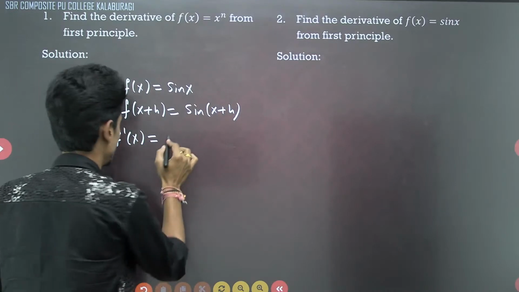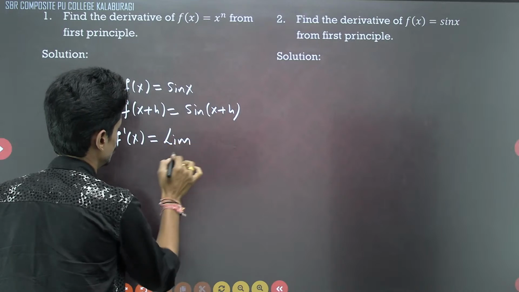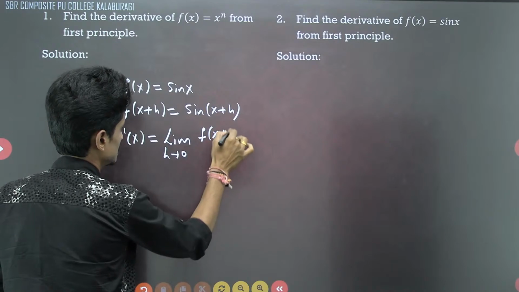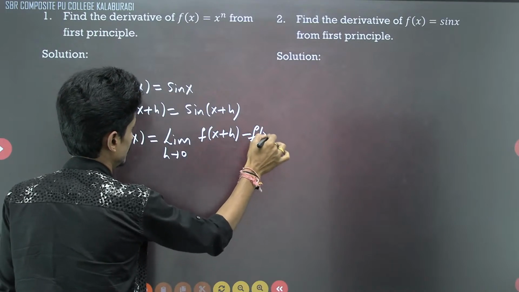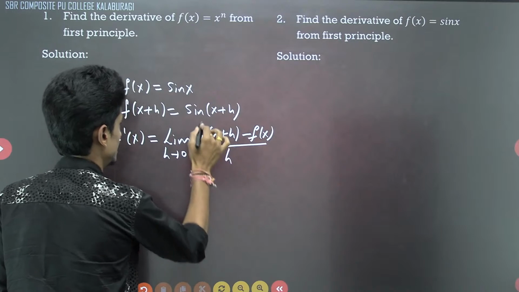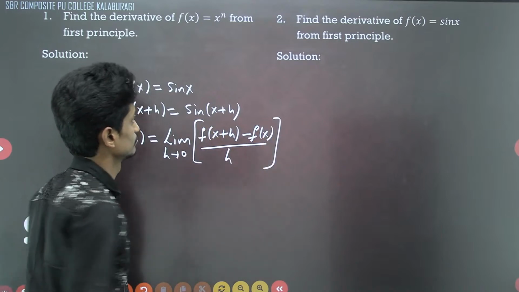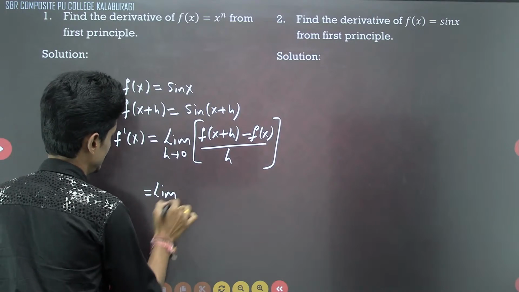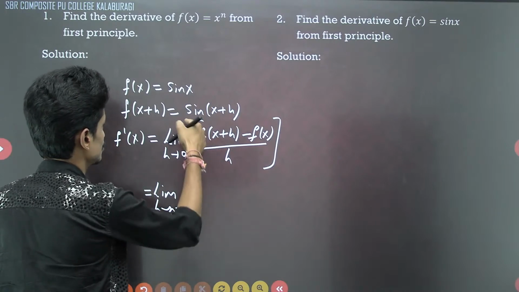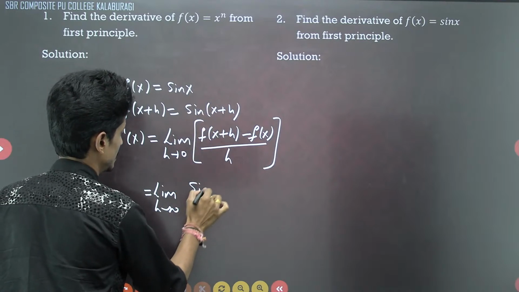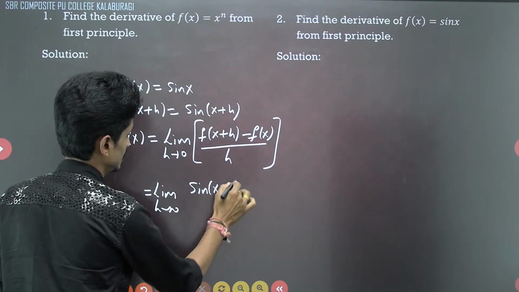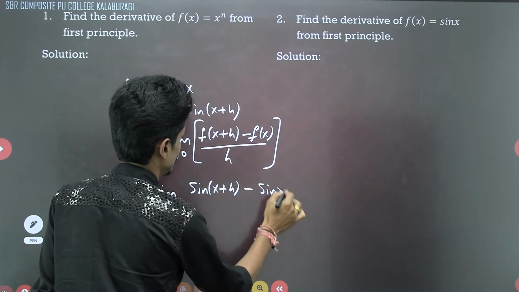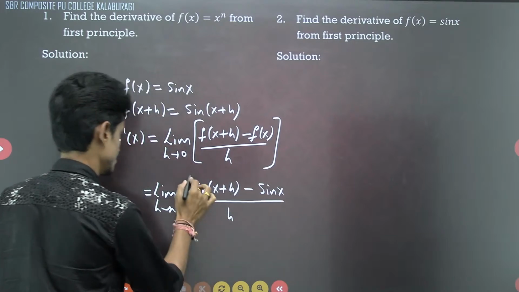We have the formula: f dash of x is equal to limit as h tending to 0 of f of x plus h minus f of x divided by h. Substituting, that is sin of (x plus h) minus sin x, whole divided by h.